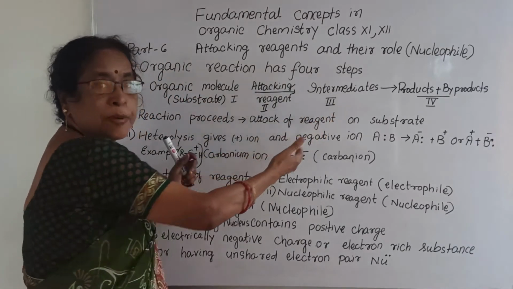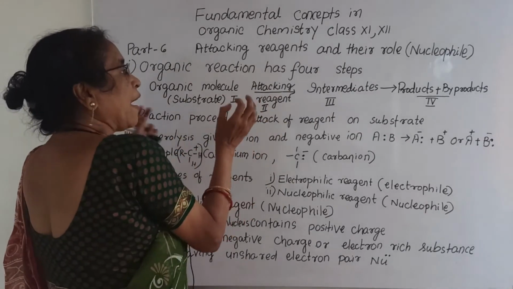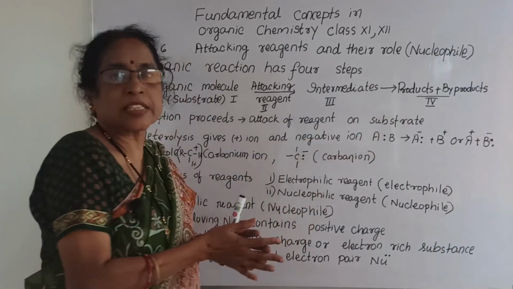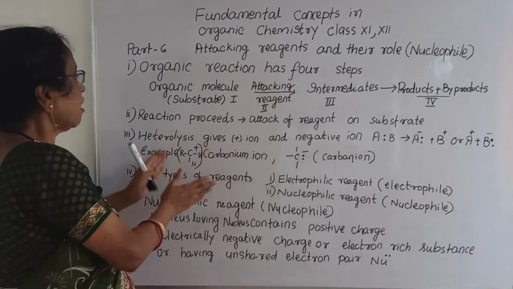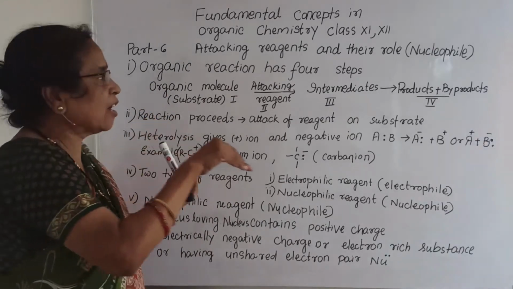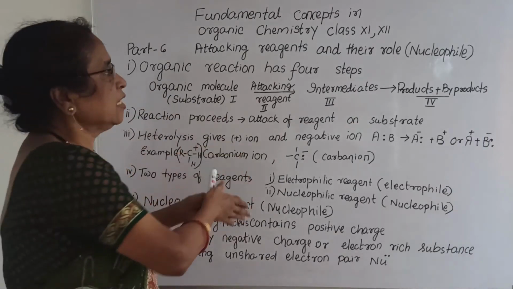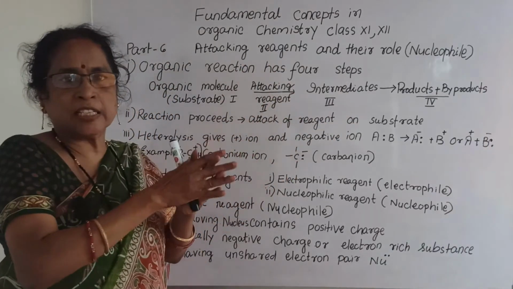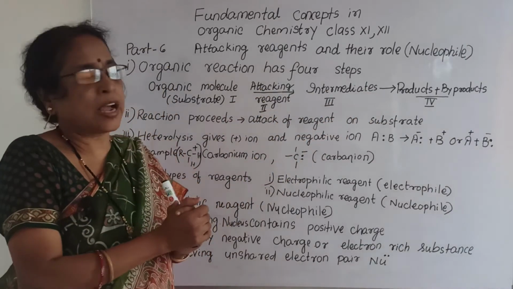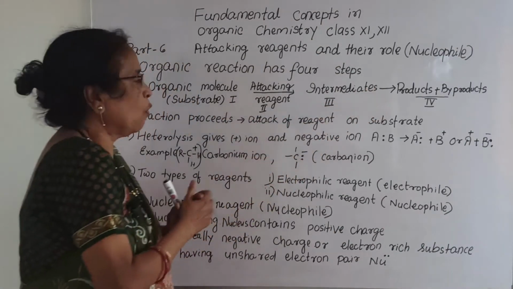When the attacking reagent comes close to the substrate, it gives intermediates, which are very temporary, and immediately the intermediates give products and byproducts. That means when an organic molecule starts a reaction, first it comes in contact with the attacking reagent, then it produces intermediates, and the intermediates give the products and byproducts. So these are 4 steps, 1, 2, 3 and 4.